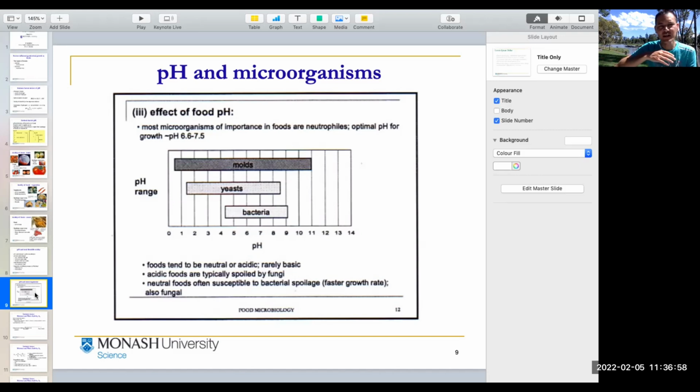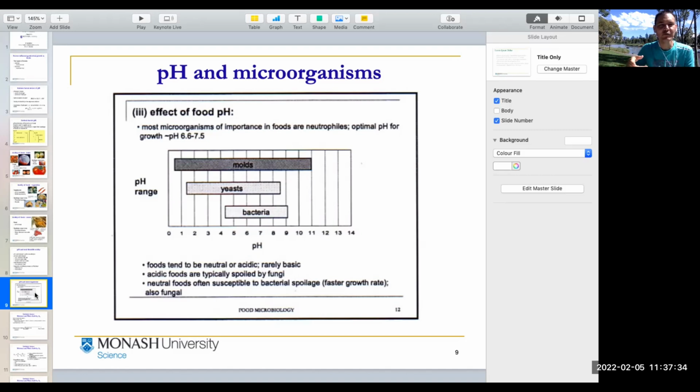And so that's why you have foods like jams, yogurt, and fruits and vegetables, especially fruits, that tend to be spoiled by molds and yeast to some extent, but it's mostly molds that grow at that low pH, whereas bacteria don't. So by reducing the pH, we're eliminating or reducing the growth of bacteria, and therefore enabling a longer shelf life.